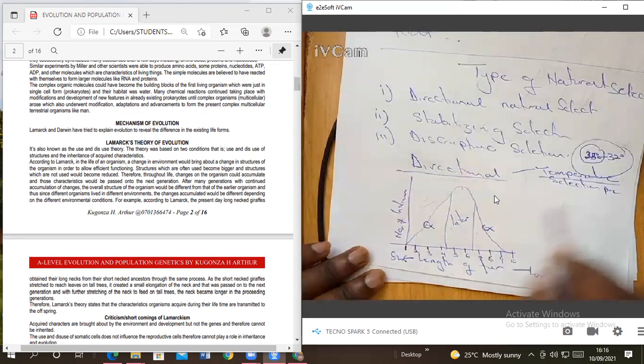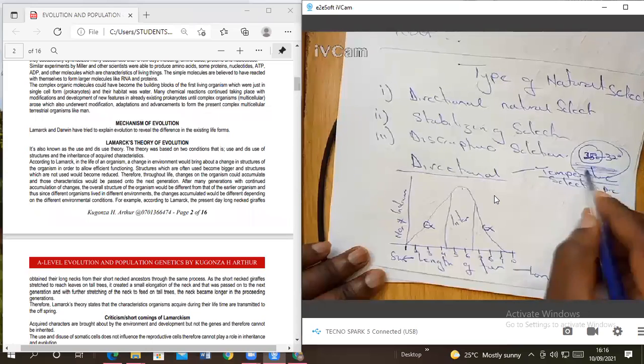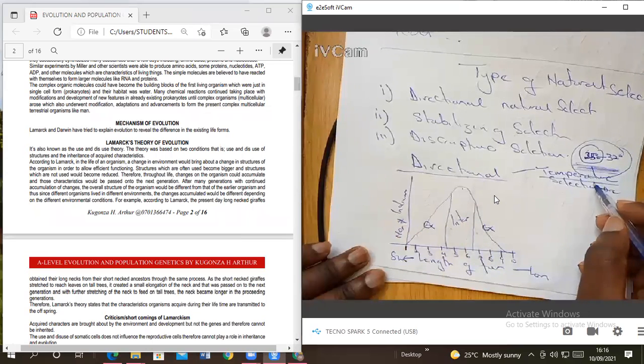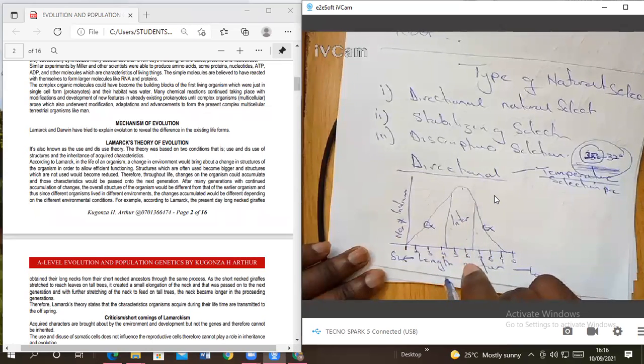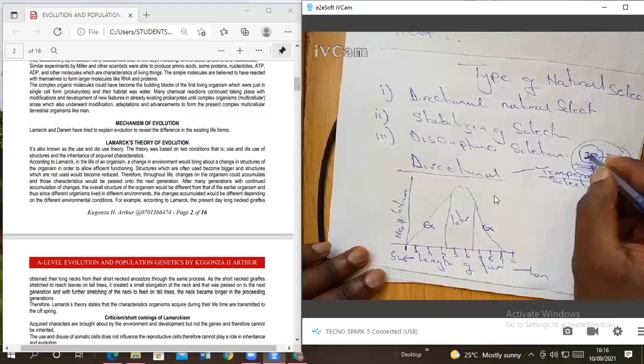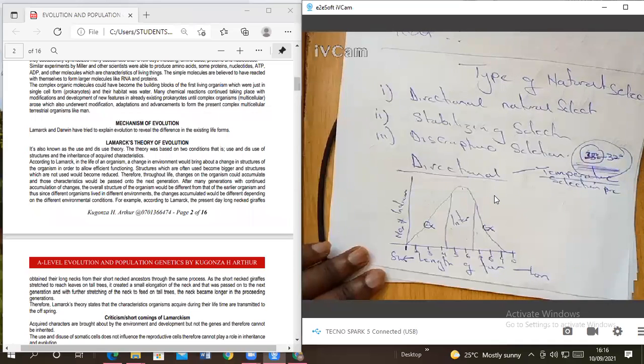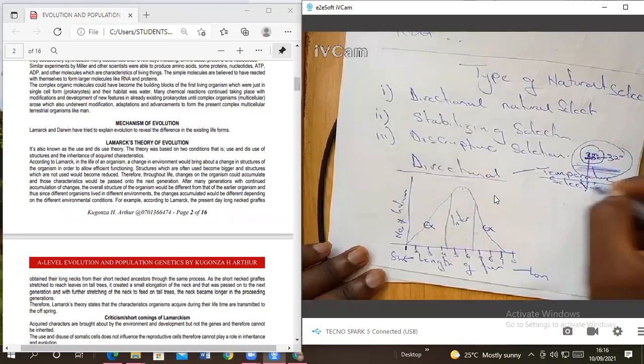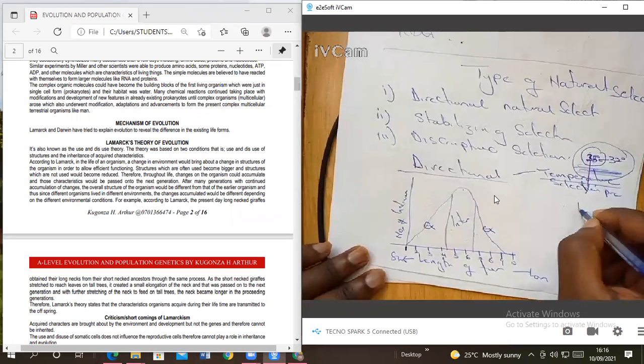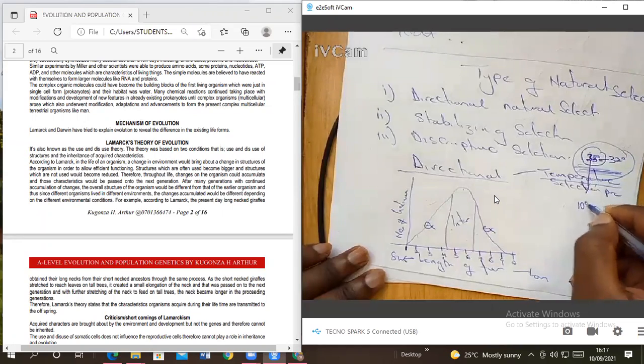Let me say these people were surviving in this environmental temperature. Now abruptly, the environmental conditions change: the environmental temperature decreases from 25 to almost 10 degrees Celsius.